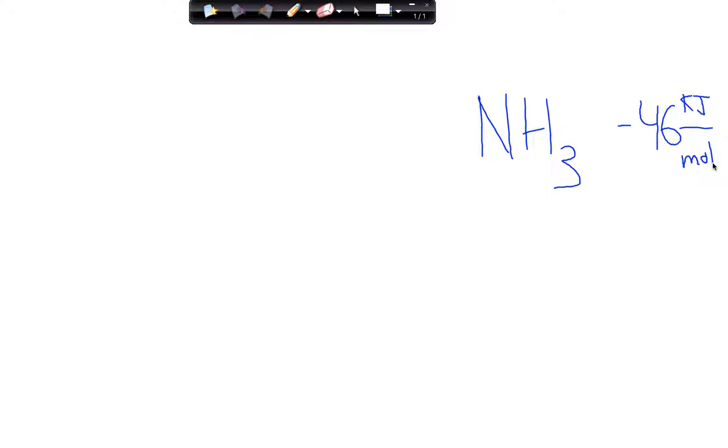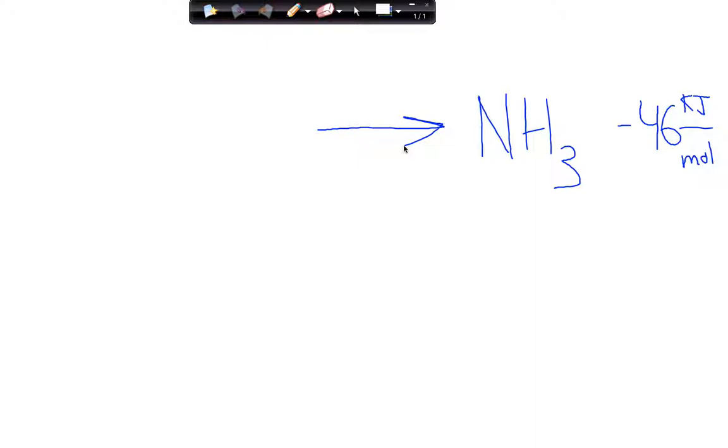What does it mean that it's got a heat of formation of -46 kilojoules per mole? Go ahead, Sammy. Whenever you form it, yep, it's going to release 46 kilojoules. Good.